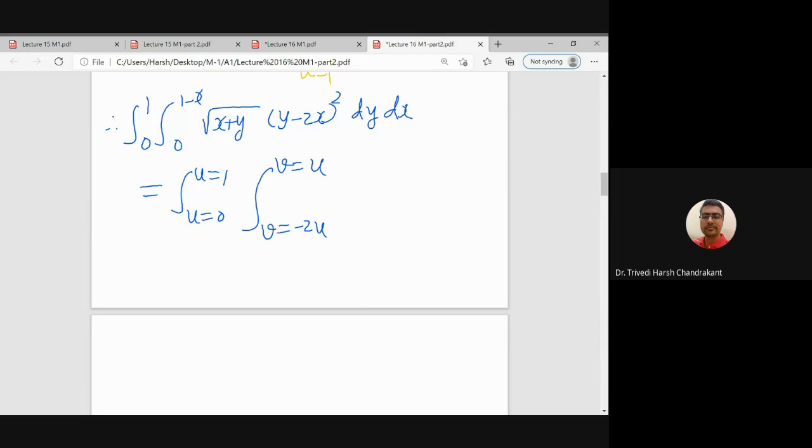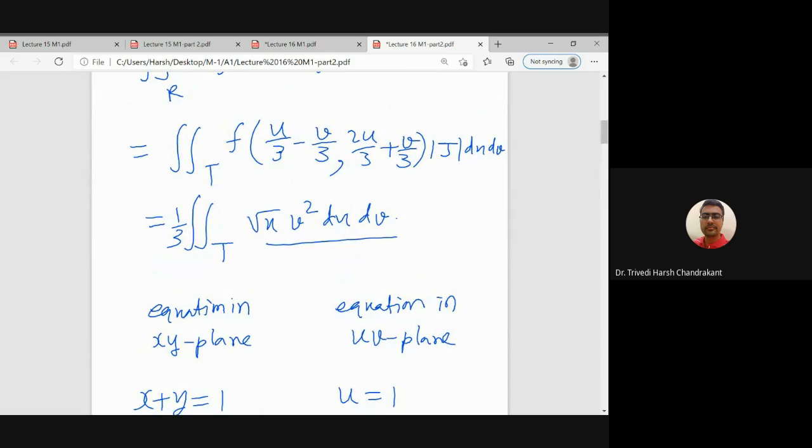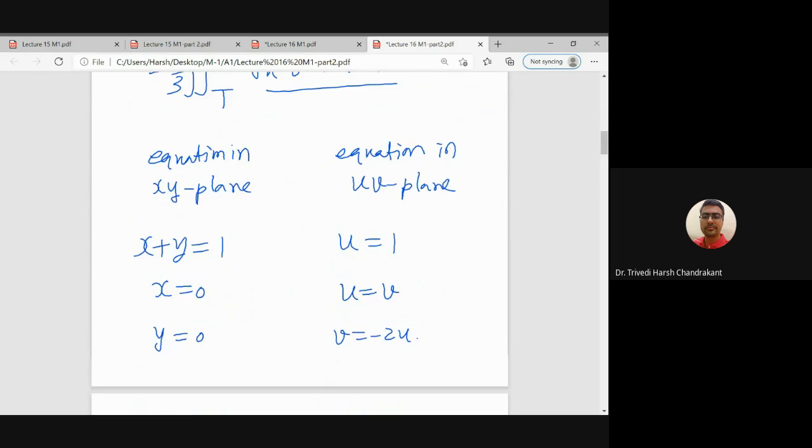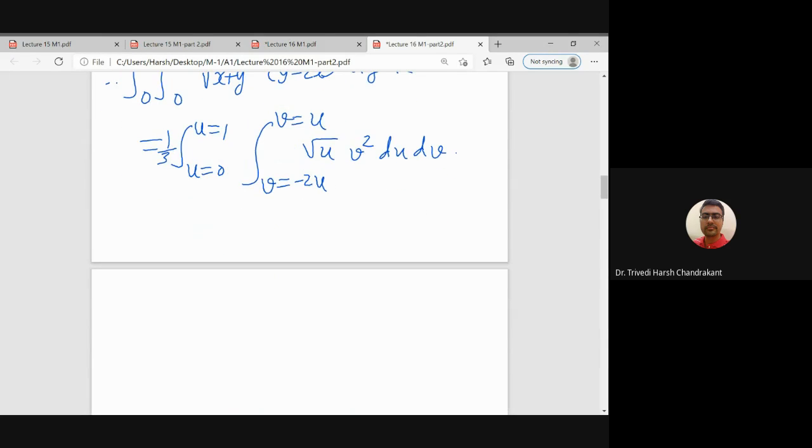Right, so we converted it in terms of u, and then we know the integral is square root of u times v squared, with Jacobian 1/3, du dv. So this is 1/3 times the integral of square root of u times v squared du dv. This we can simply evaluate now, because we have the limits, and we also know the functions are powers of u and v.